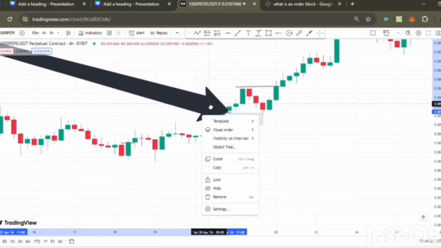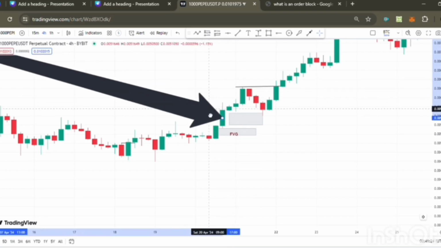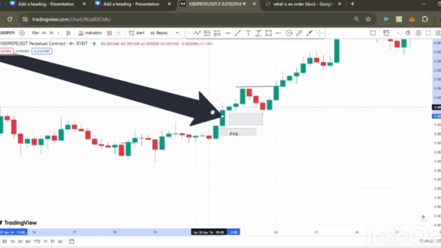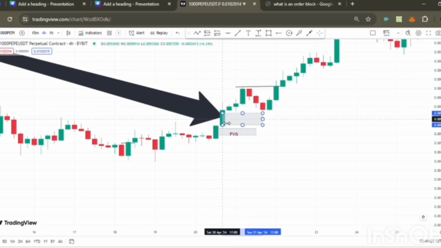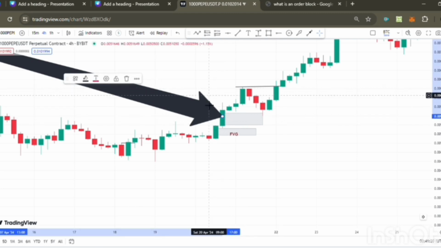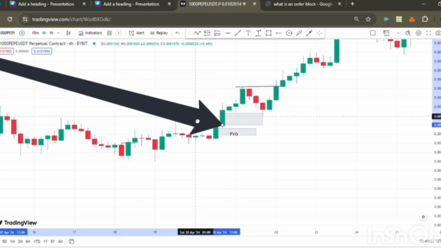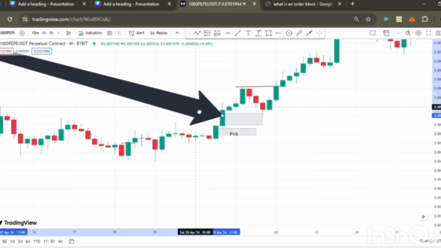We can now say that there is an imbalance there too. There is a gap between them, which is making the market not balanced. So the market is imbalanced.